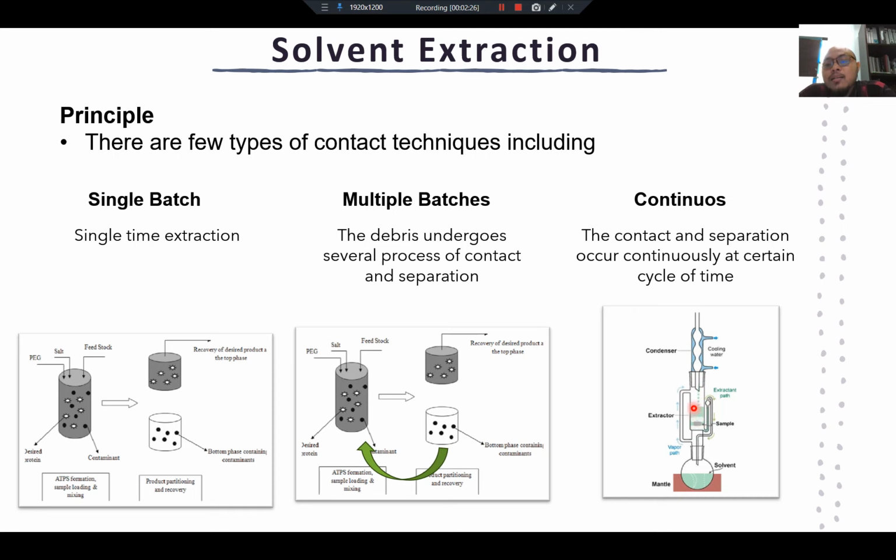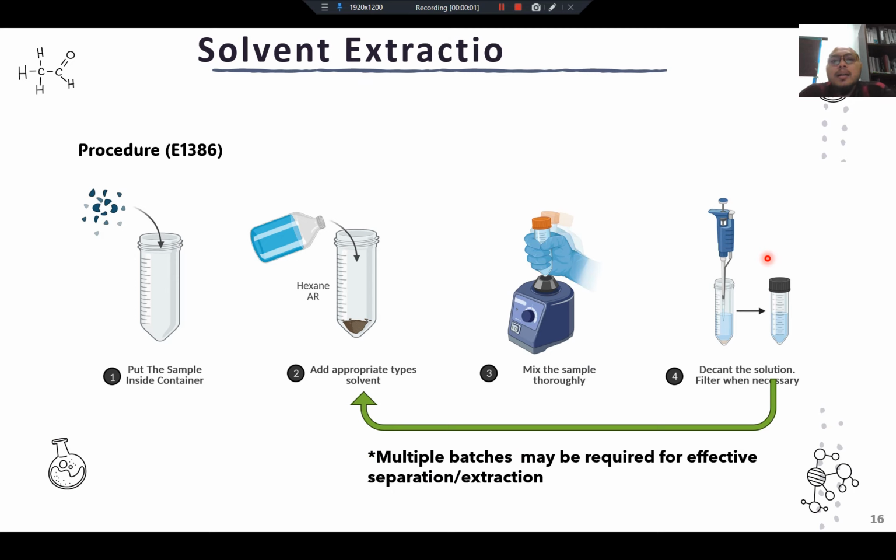If possible, the boiling point of the solvent should be much lower than the boiling point of the sample. If the boiling point of the analyte is lower, it will get vaporized and lost to the surrounding.